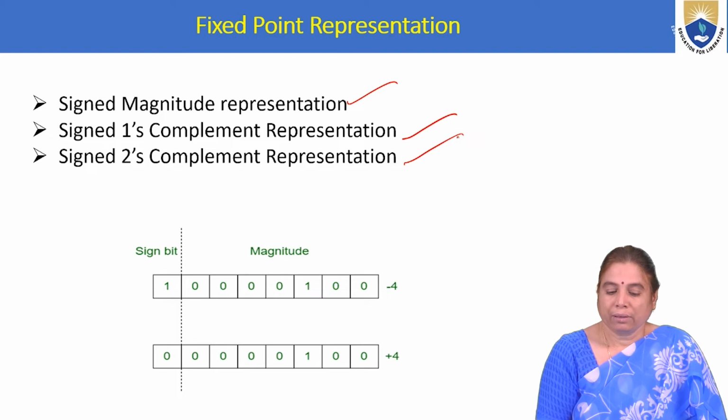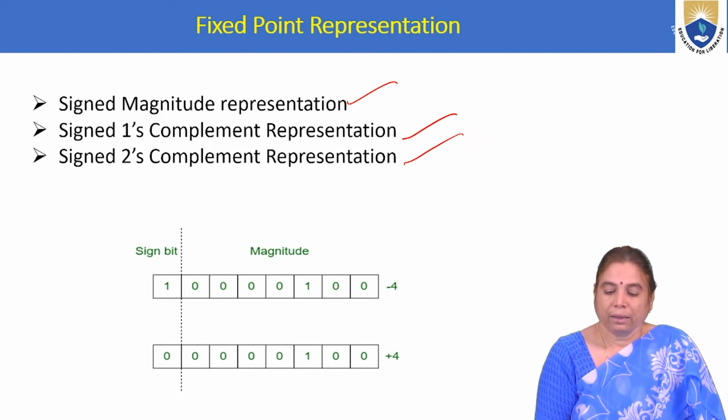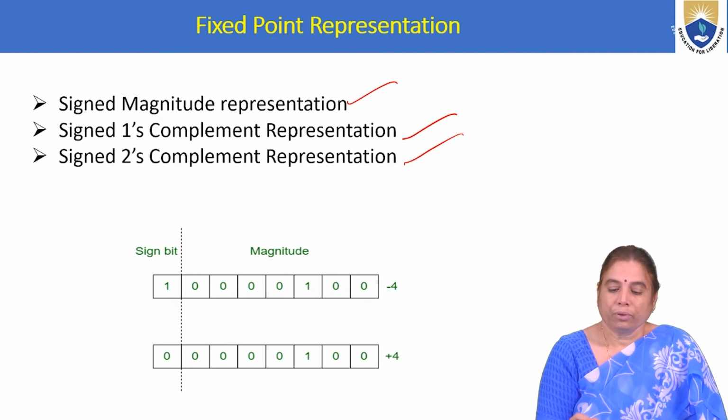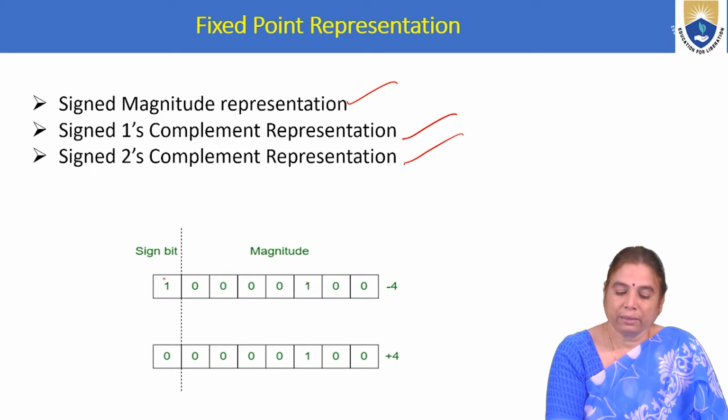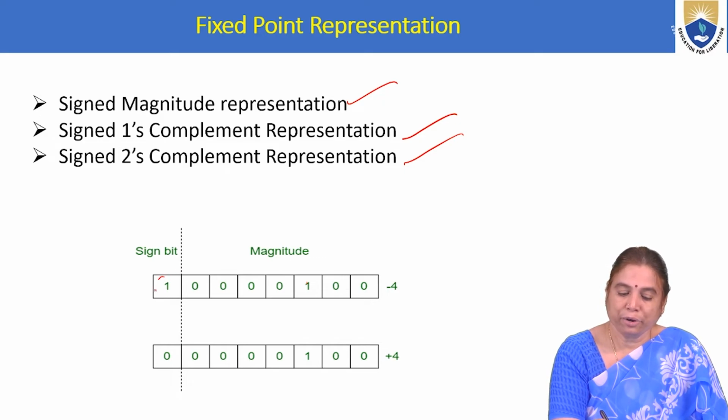For example, consider a number 4. Here the magnitude is the equivalent of 4, and this is the sign bit. In signed representation, if the sign bit is on, it is a negative number.